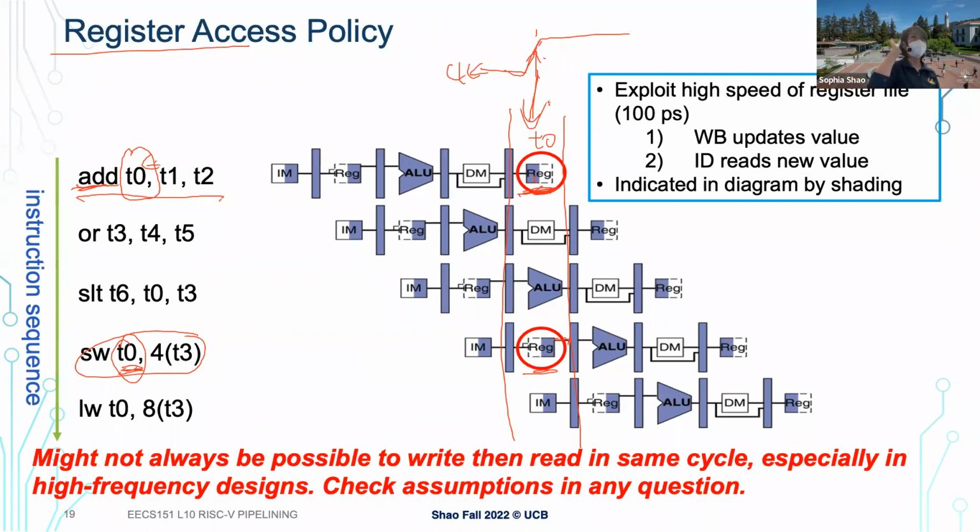So this can be resolved because of our assumption that write happens at the rising edge of the clock, synchronous to the clock, and read happens combinationally. At a very high level, you can assume write happens in the first half of the clock cycle, and read happens in the second half of the clock cycle. So read always gets the right data.